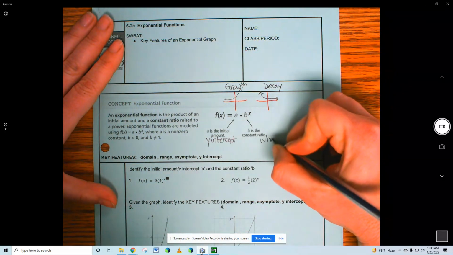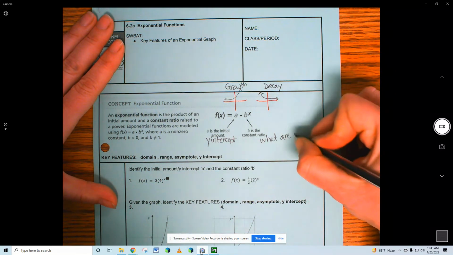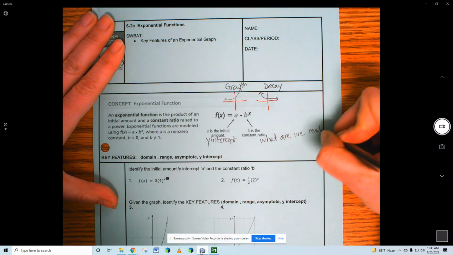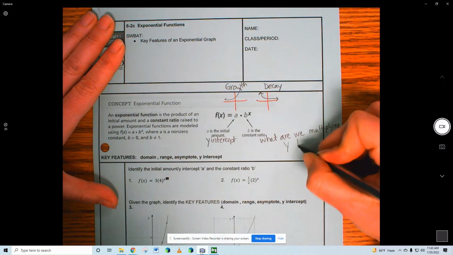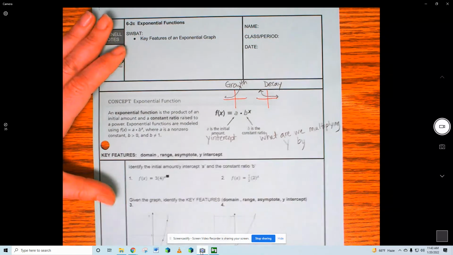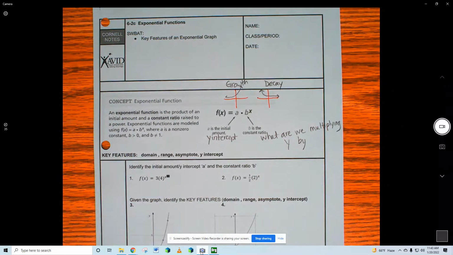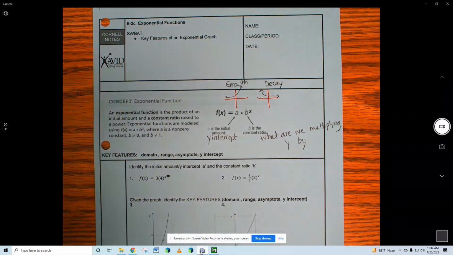That means what are we multiplying y by? How is y changing? And that's what we did on the first day when I gave you a table of values. And I said, how is it changing? What are we multiplying by? The exponent is what we plug in. We usually would have a table of values and plug values in.